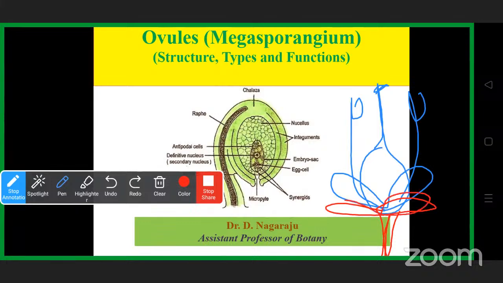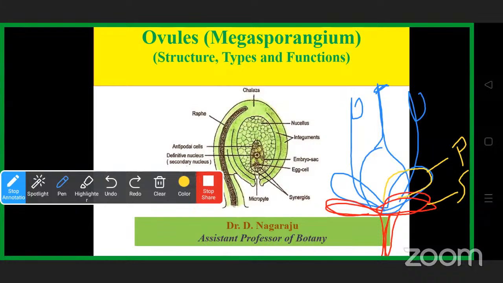In these floral parts, we already discussed essential organs and non-essential organs. Sepals and petals are non-essential organs. These are not useful in fertilization; they are useful only for attraction and covering.